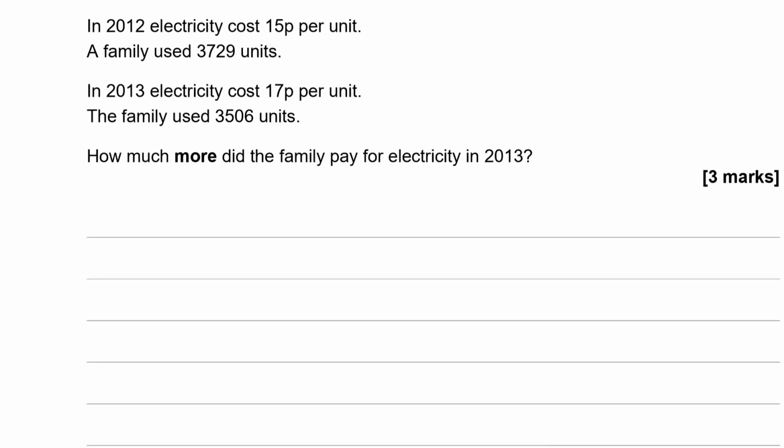Okay, so it's just a straight multiplication here, isn't it? So I know the unit cost in 2012 was 15 pence, and I used 3,729. So multiplying those together is going to tell me what the total cost of that is, 3,729 times 15.